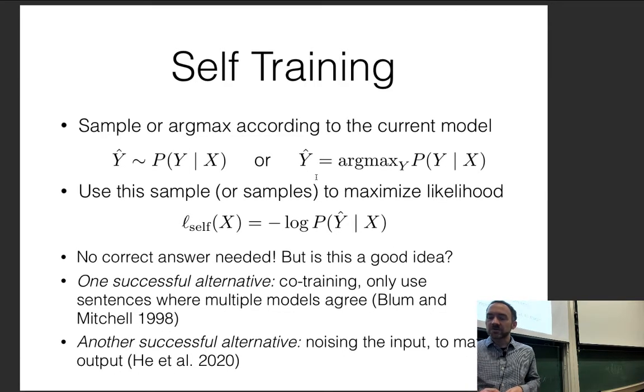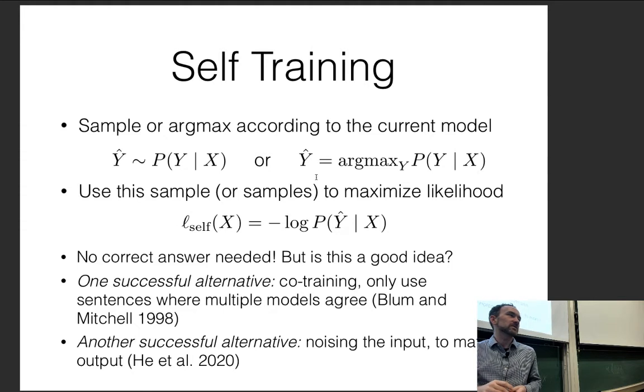Another interesting result is from a paper by one of the students I'm working with, Junxian He, who has a recent paper that shows that if you do self-training, you can go a long way by noising the input. So you take the input and you also add noise to the input as well.